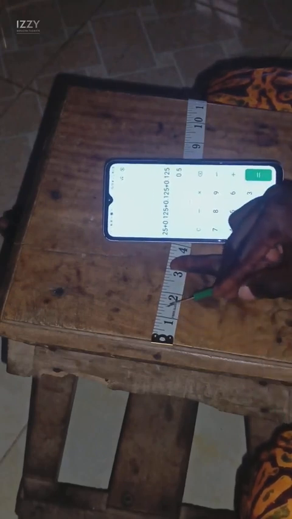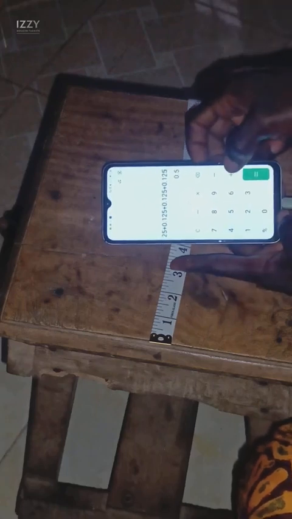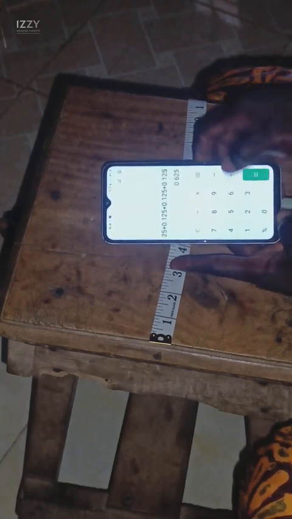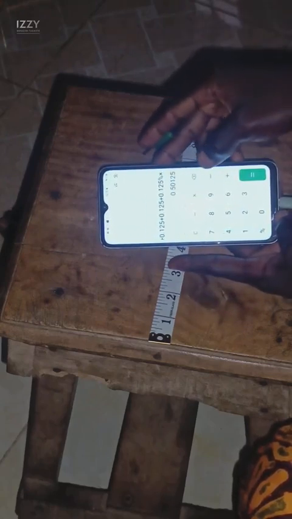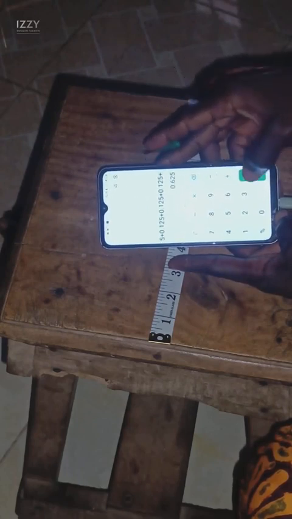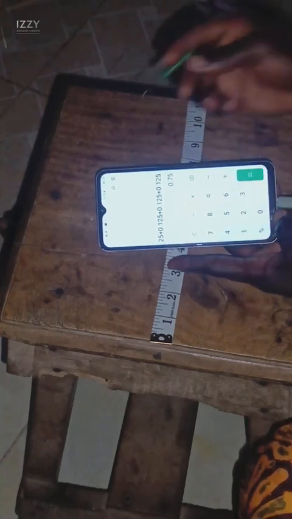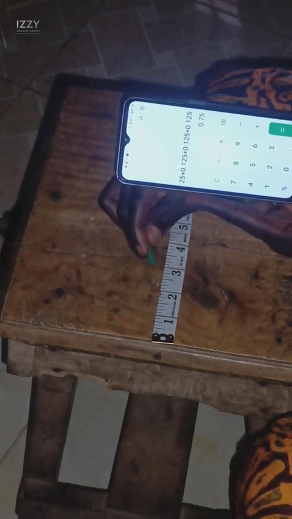To get the next line after the half, add again 0.125. So this one is 0.625. Add it again, plus 0.125. This next line is 0.75.